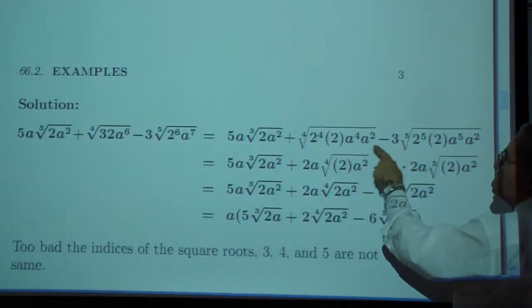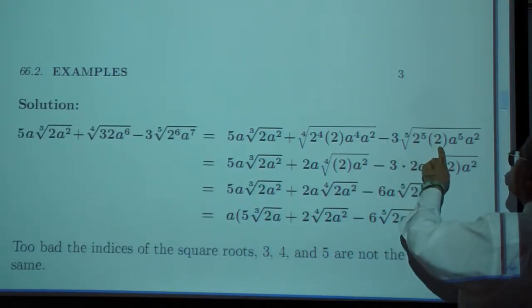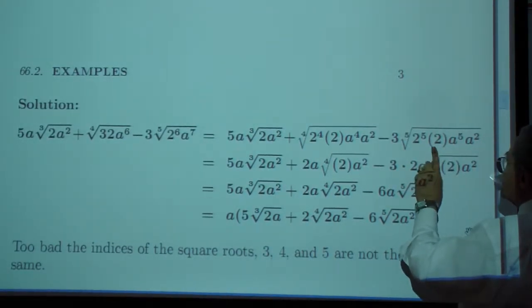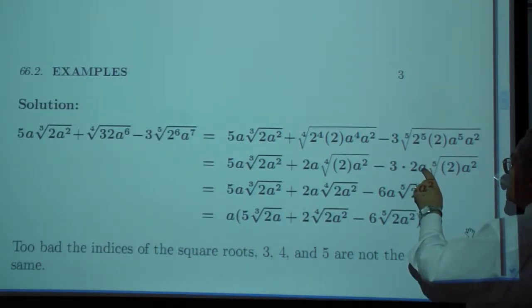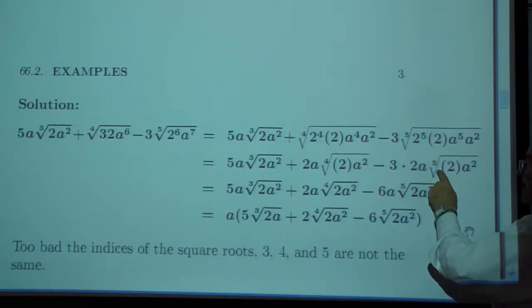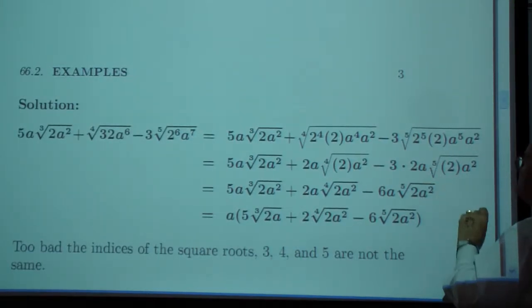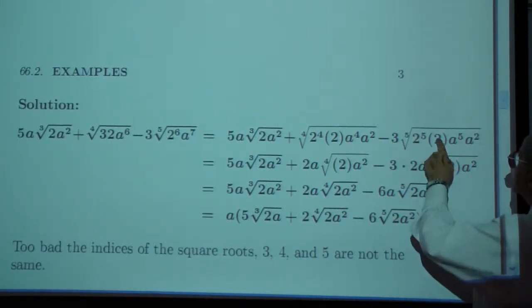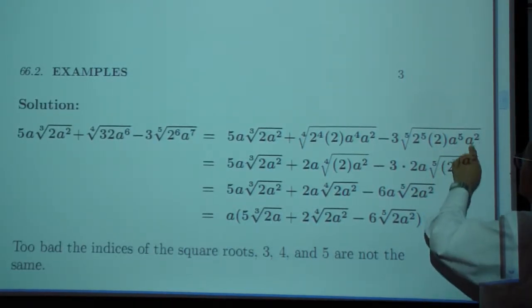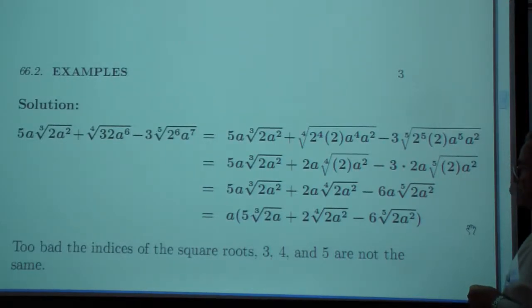That's a fifth root. The others were third, fourth, and fifth. So a to the 5 all comes out as just a. This 5 is not an exponent of a. It means the fifth root. Be careful where you put the 5. If you put it too far to the left, it will be confusing. So you have 2. A to the 5 comes out, and the a squared remains inside.